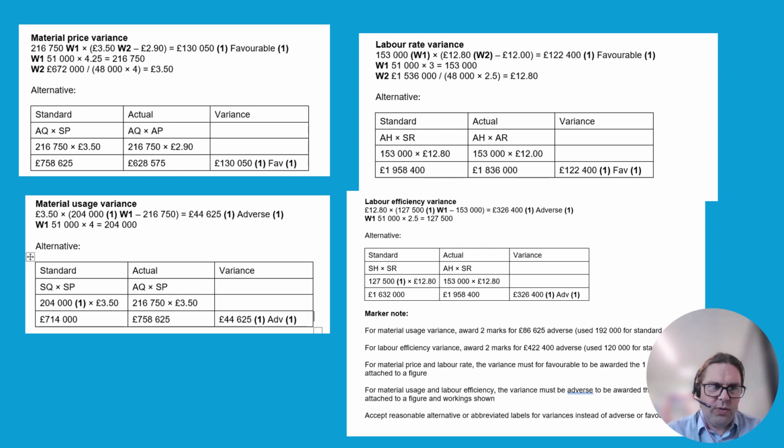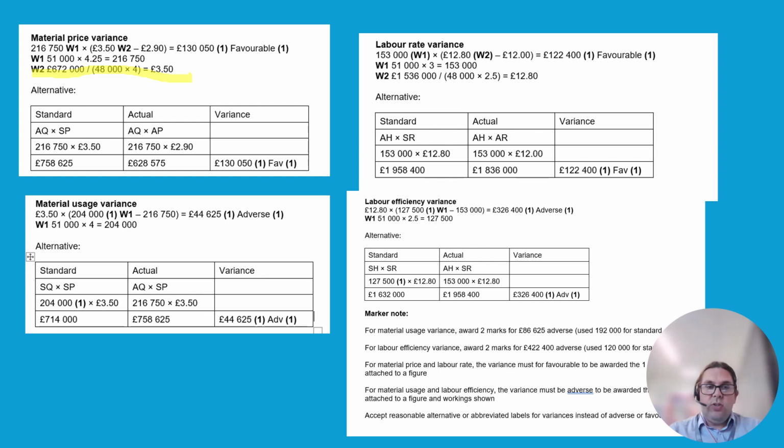Okay, so just going through the mark scheme. So we briefly went through the £3.50, but just to show you on here, if I get the highlighter, working 2 confirms that. So the material price variance, we're saying how much do we pay per kilo and whether we actually achieve that.